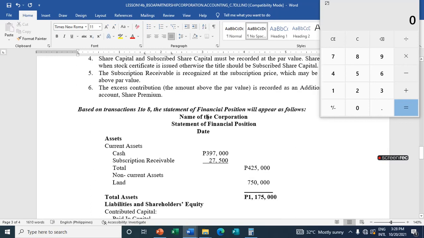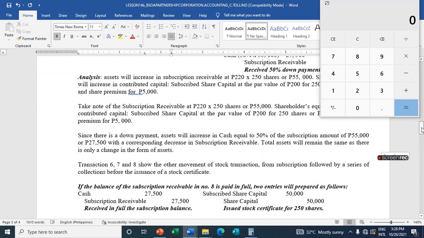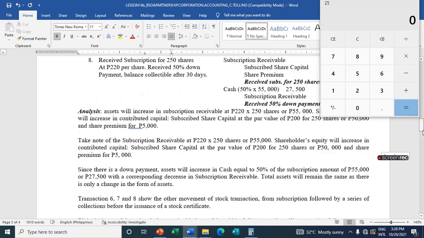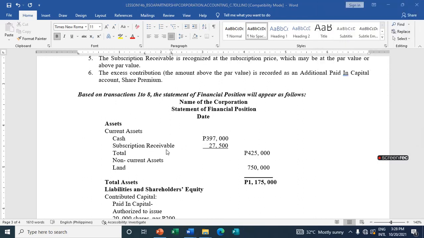We write the name of the corporation and the statement of financial position as of the date. We total all the cash, which is 397,000, and the subscription receivable of 27,500, since 50% of transaction 8 has not been paid, for a total of 425,000.